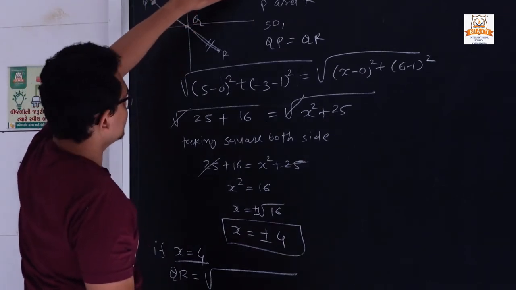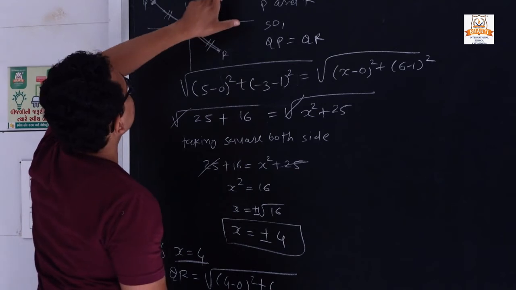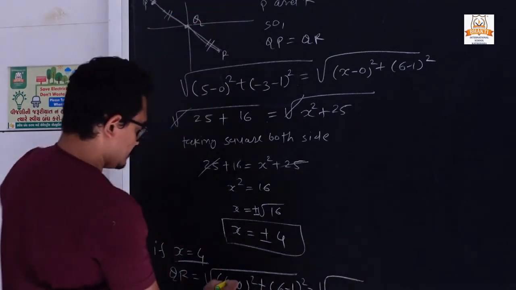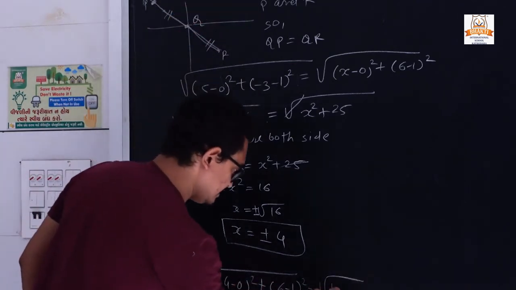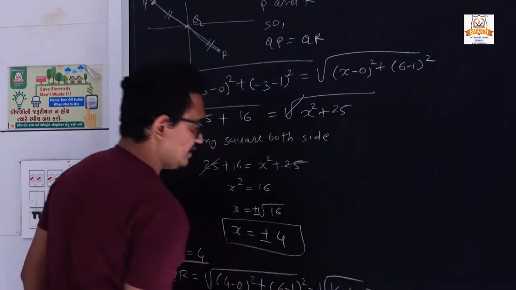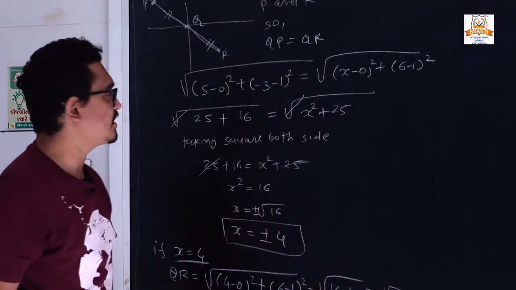So x2 minus x1 plus y2 minus y1. So 4 minus 0, 4 square is 16, 6 minus 1, 5 square is 25. So it is 41, clear, under root 41.